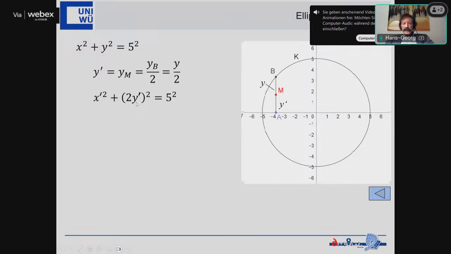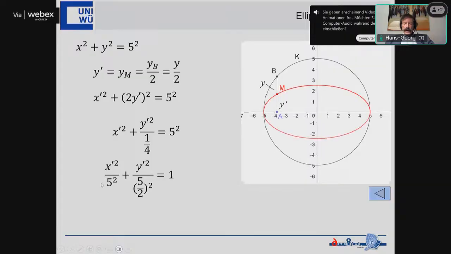If you say y equals 2y prime, then you get this equation: x prime squared plus this times 1/4 is 5 squared, and finally you get x squared divided by 5 squared plus y squared divided by a smaller square, the equation of an ellipse.